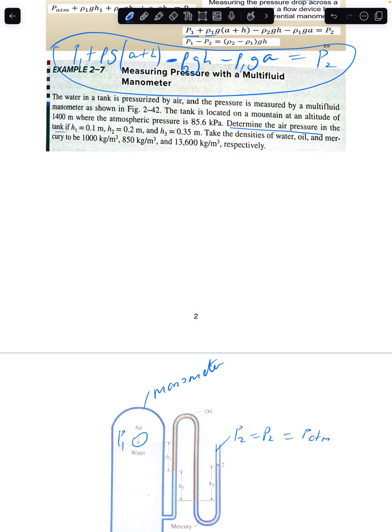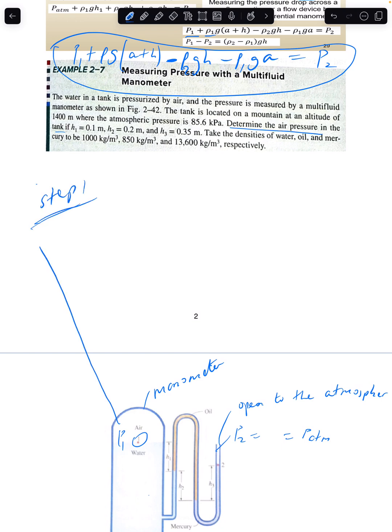P2 is equal to atmospheric pressure. You must be able to see that because this tube is open to the atmosphere.